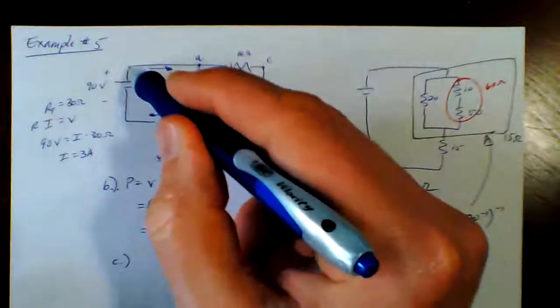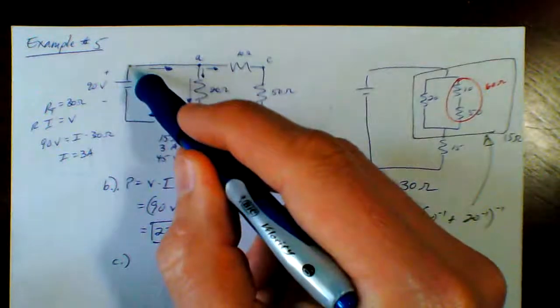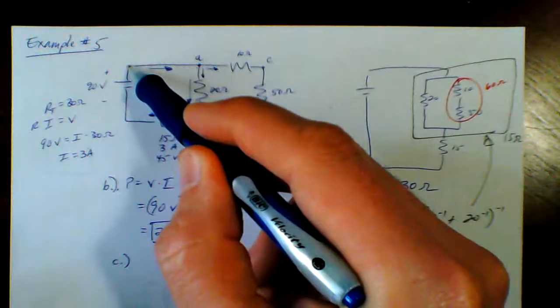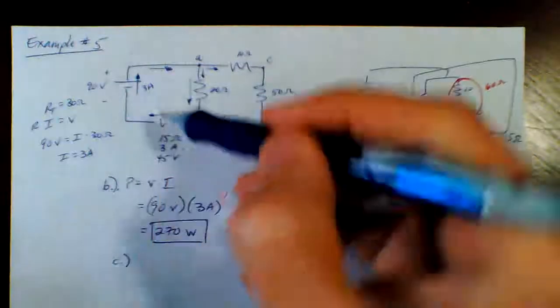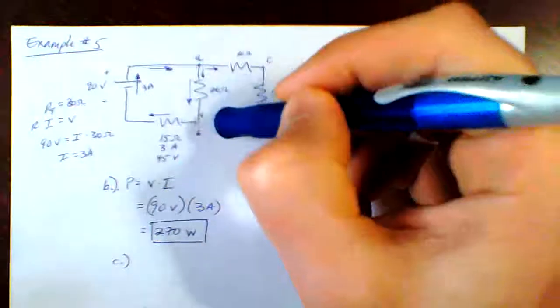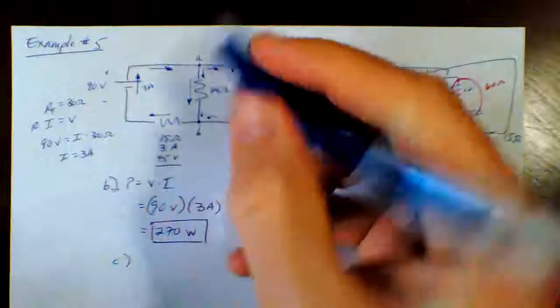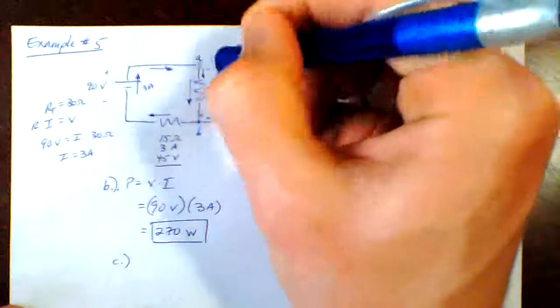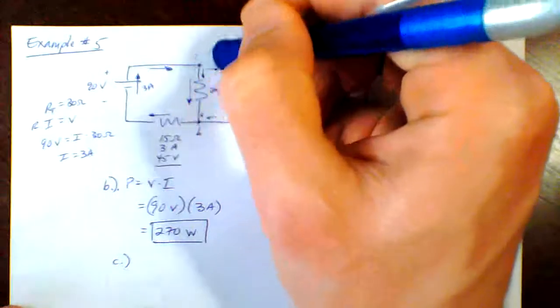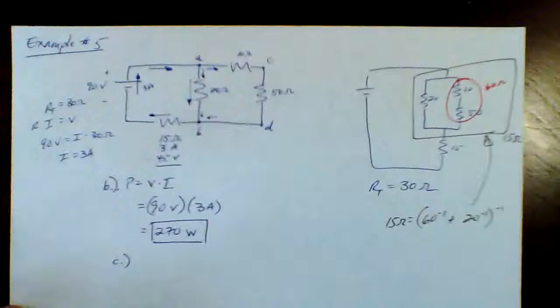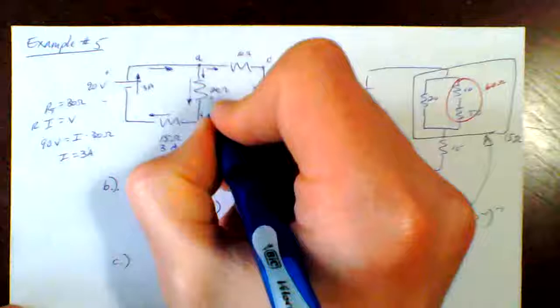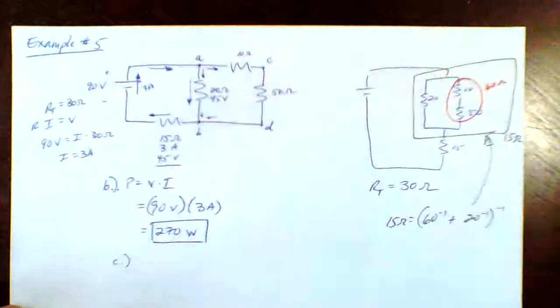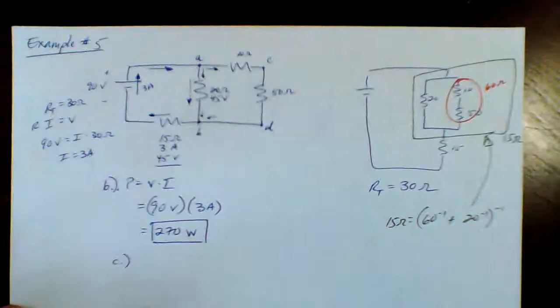I'm gaining voltage across the battery, so I have a higher electric potential at this point than at this point. I'm getting higher voltage from here to here, and then I'm dropping voltage here and here. I've dropped 45 volts here. So if I have minus 45 plus 90 plus some unknown number equal to 0, then that unknown number must be equal to negative 45. My voltage dropped across here is 45 volts. I'm going to pause this and then continue in a separate one.